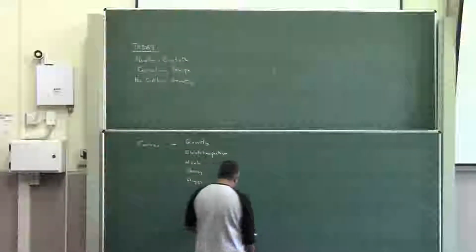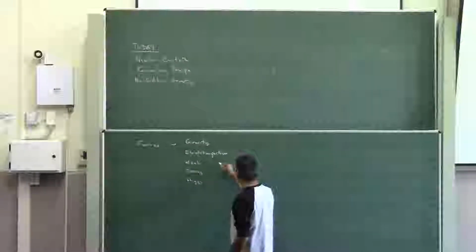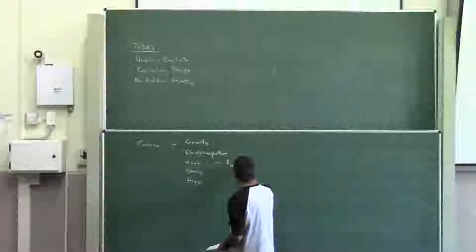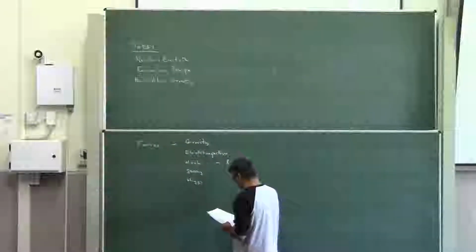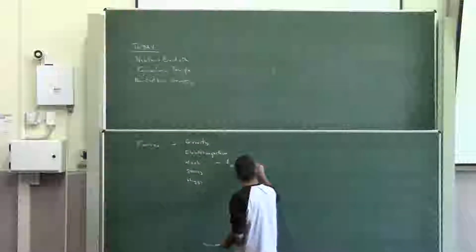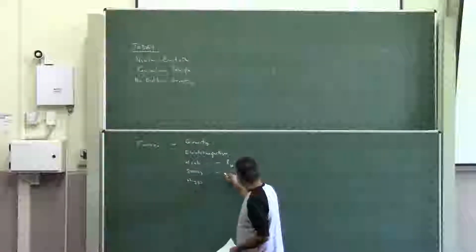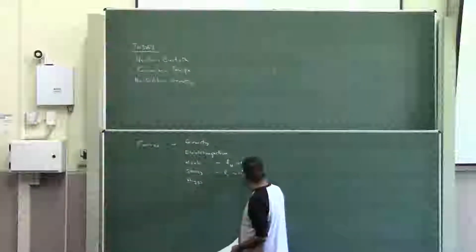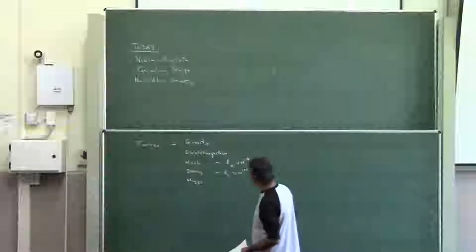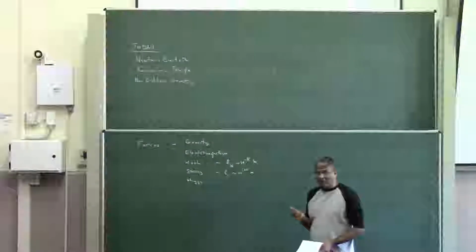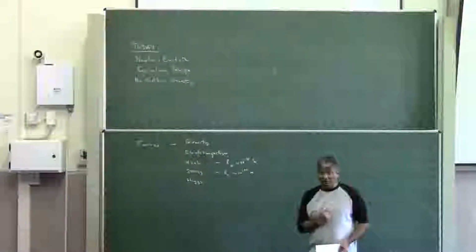So the weak force is operative on length scales of about 10 to the minus 18 meters. The strong force is operative on length scales of about 10 to the minus 15 meters. So these are short-range forces. They're only effective over very short distances.